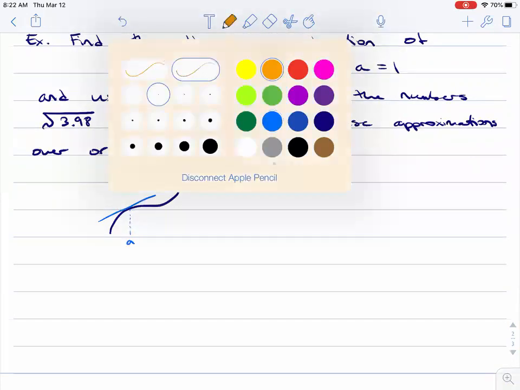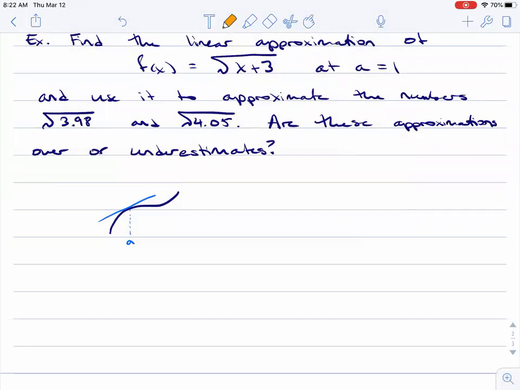Versus if my A is here, maybe here, then I'm going to be constantly below the curve with my linearization. So we'll use a calculator to compare the approximation to the actual values. But that's what's going on.